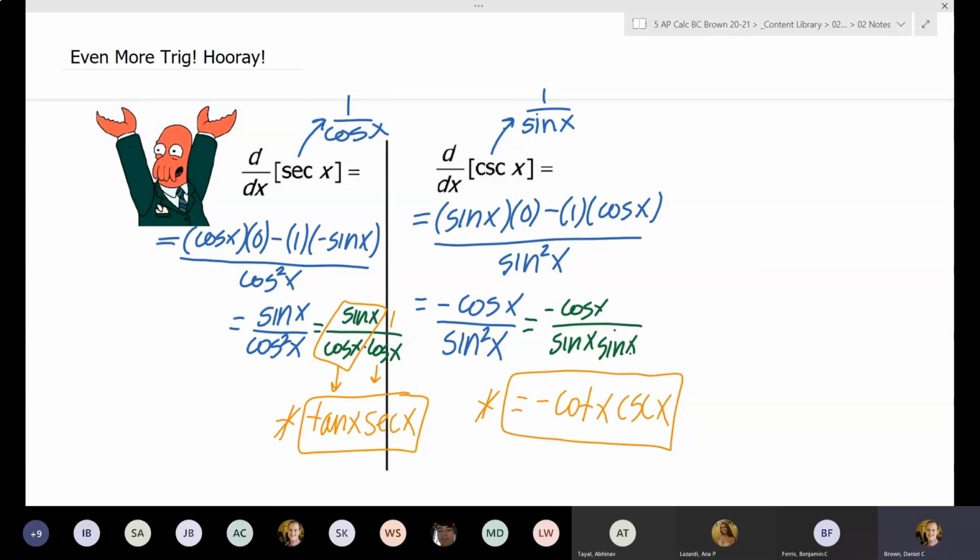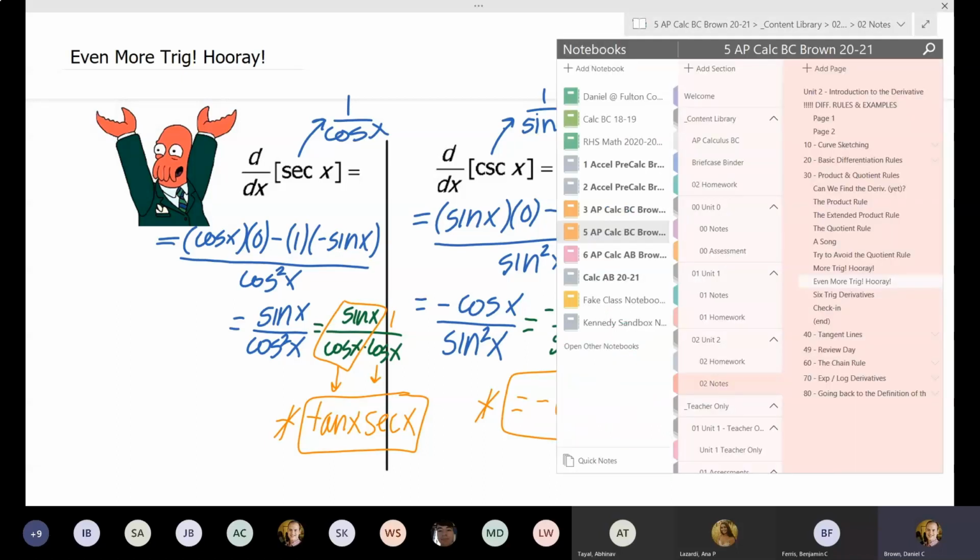And then same thing with cosecant. We go and do the derivative using the quotient rule. We simplify it. We see a negative shows up, which is what we should expect when we do the derivative of a co-trig function. And then we have a cosine over sine, which is cotangent, and then the other sine left over in the denominator is going to be cosecant. Now, you don't want to have to do the quotient rule every time you take the derivative of secant and cosecant, so those are rules you definitely want to have memorized.